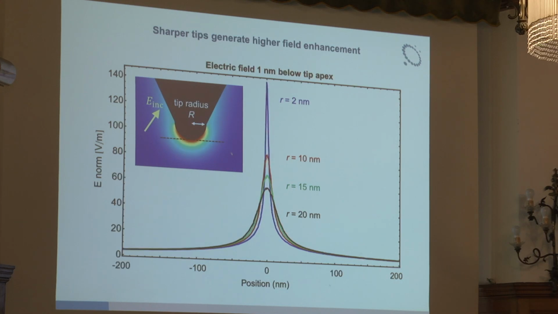And I would say, clearly, if you are interested in imaging a single molecule, then for sure it's better to focus everything on a single molecule with a 2 nanometer radius tip rather than with a broad tip, okay? But we do that in TERS, and that's why the TERS people probably like very sharp tips. But we are typically not looking at molecules. We are typically looking at larger features like flakes and so on.